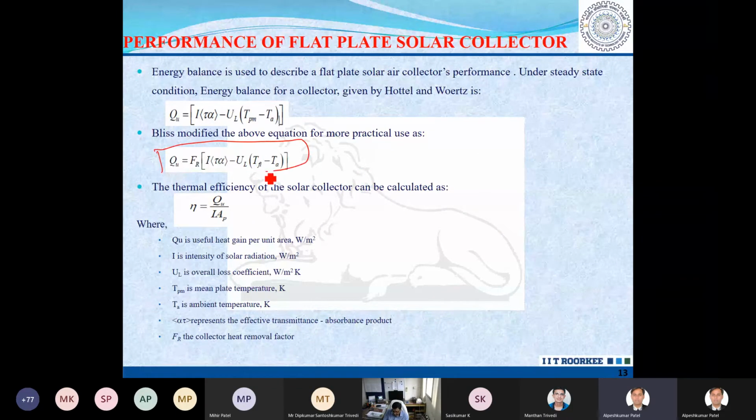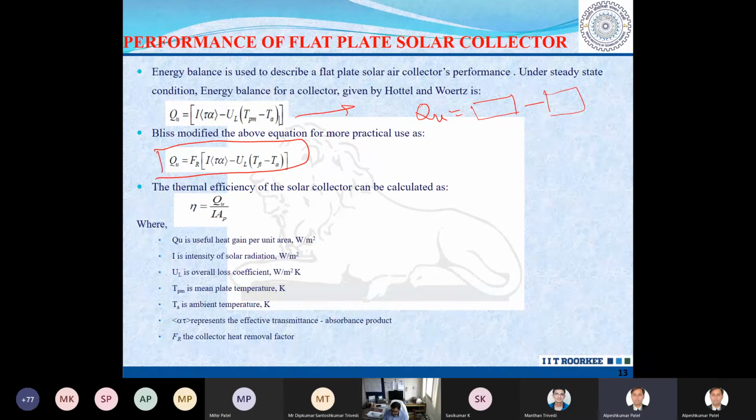It is simply based on the energy balance. Energy balance means how much energy you can utilize: how much energy is converted from solar to the absorbing plate, and then finally how much energy, what rate of energy, is lost.